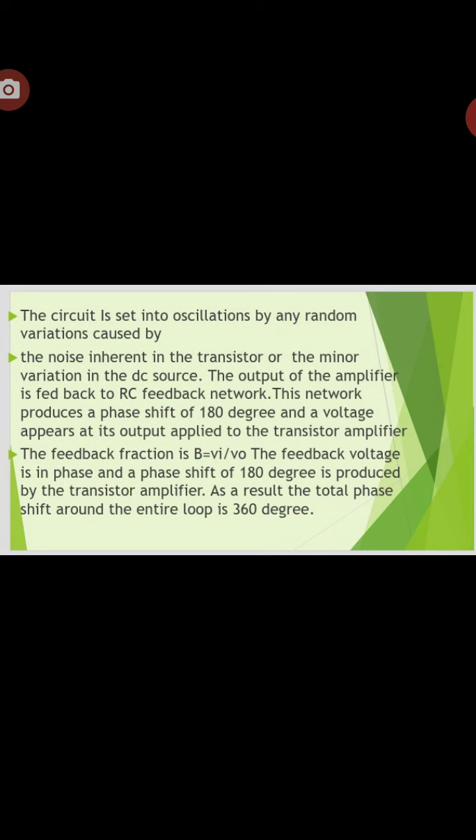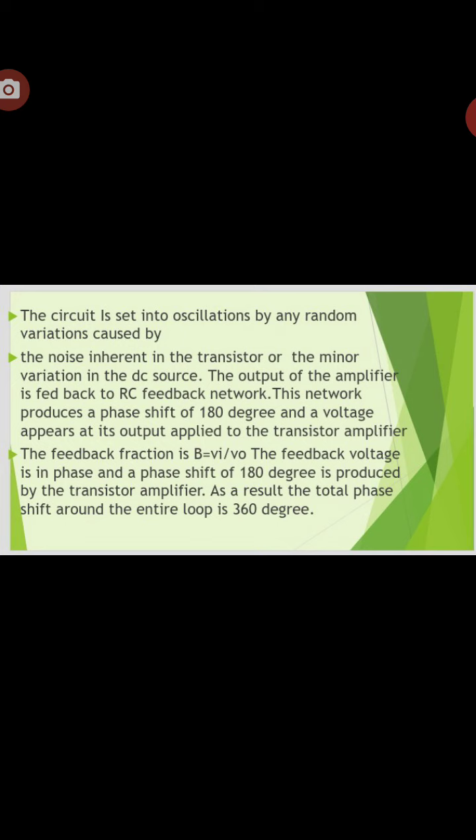So the feedback fraction beta is the ratio of the input voltage to its output voltage. The feedback voltage is in phase, and a phase shift of 180 degree is produced by the transistor amplifier. As a result, the total phase shift around the entire loop is 360 degree.